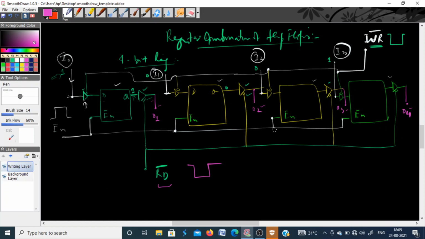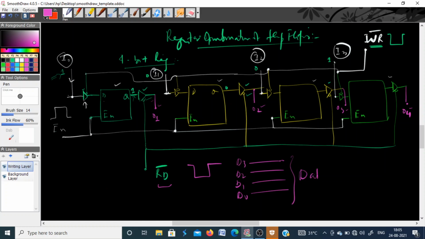Now since we have 4 inputs and 4 outputs, if you have a databus, how many lines will be required in the databus? You need 4 lines: D0, D1, D2, D3.